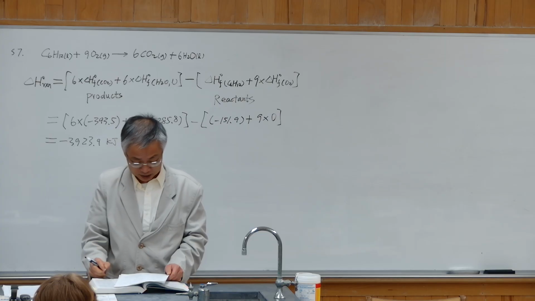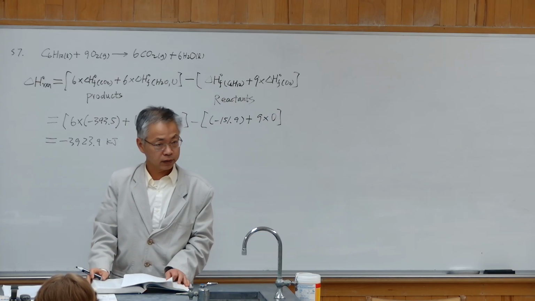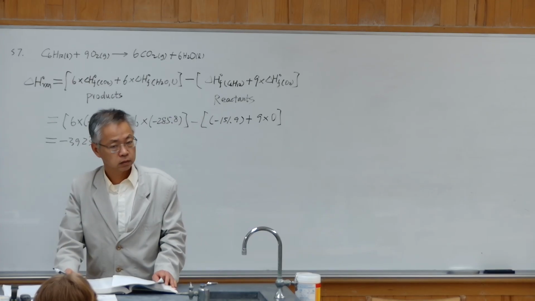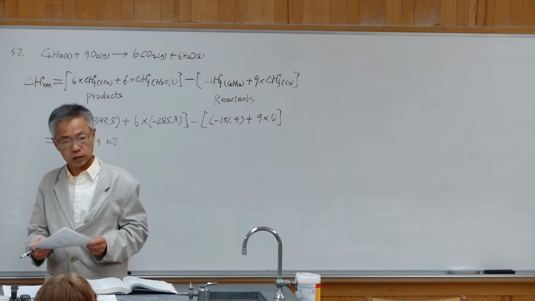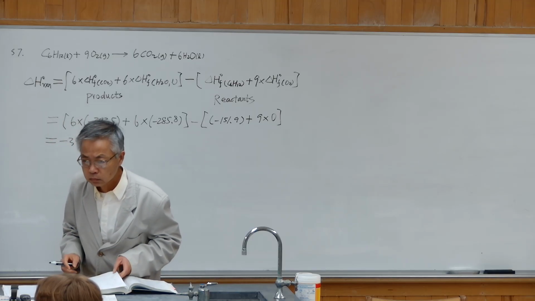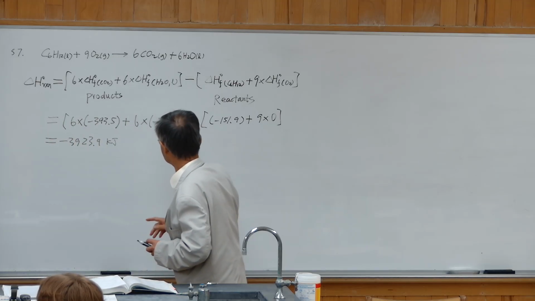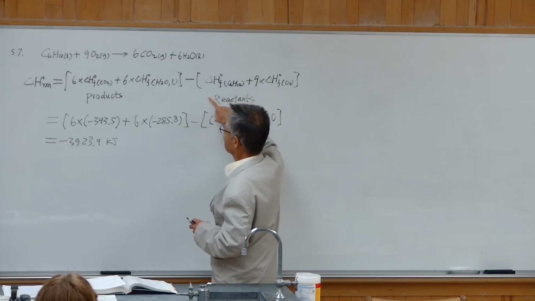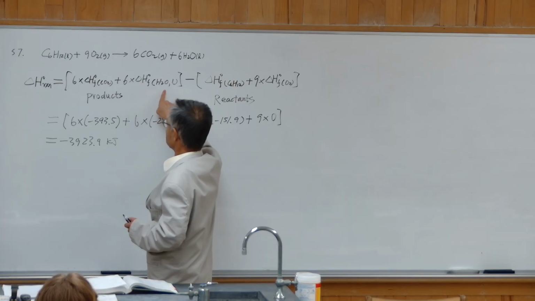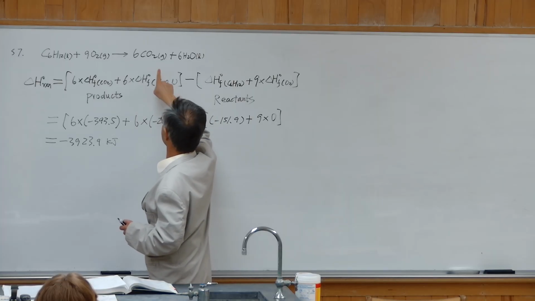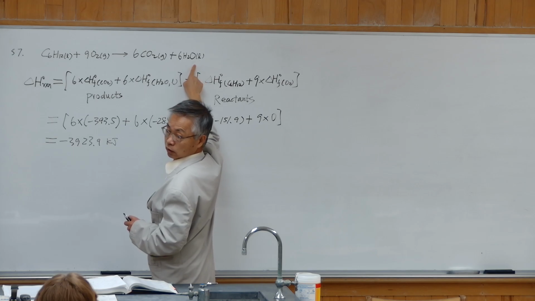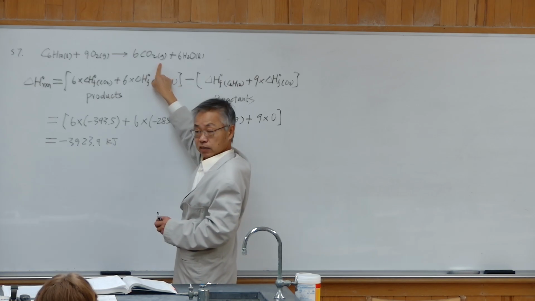Are you okay with this? I can tell you we will have a similar question in the quiz and the test. What did you put next to H2O in the products? L means liquid, G means gas.